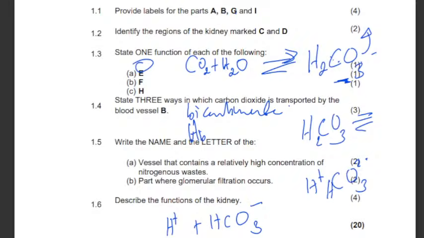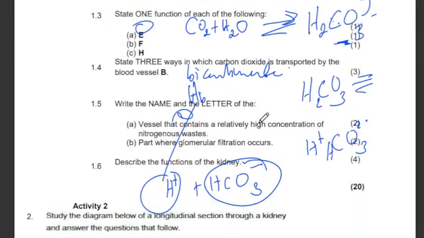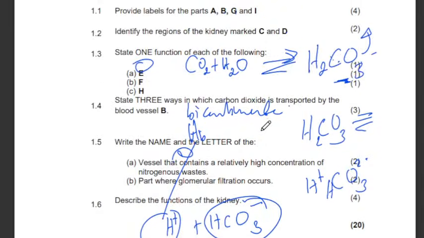That's why we say bicarbonate can be transported like this. So it can be transported as a solution, it can be transported as carbohemoglobin, and it can be transported as bicarbonate ions.